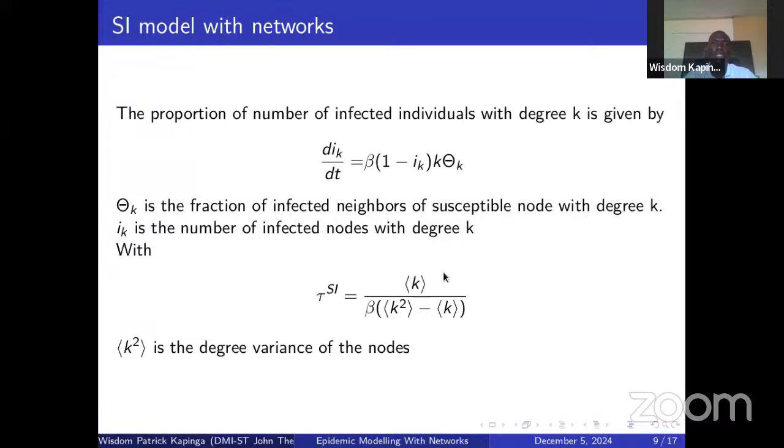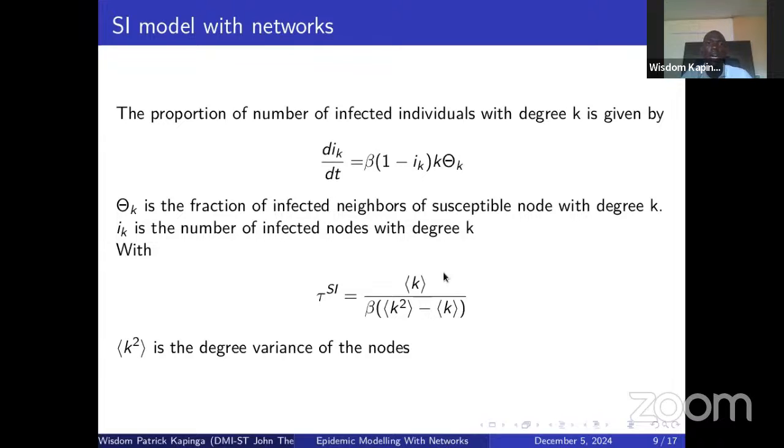And now we are looking at that concept of a network that we have just introduced, and we will go back to those epidemic models. But now we are looking at the same models with the concept of networks, whereby you're looking at the exact degree of each individual.